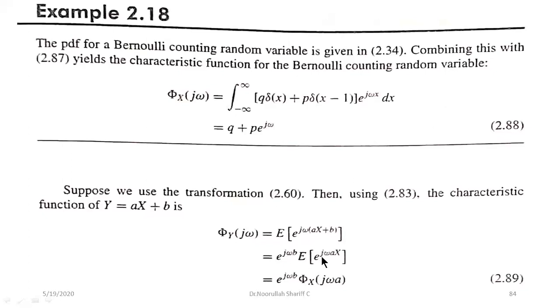Here you will get E[e^{jωax}]. The value that is different is that in place of ω we have ωa. So it is e^{jωb} Φx(ωa). In place of ω we have ωa.